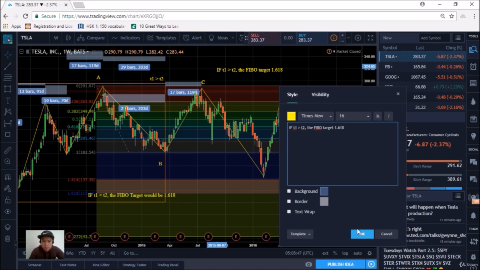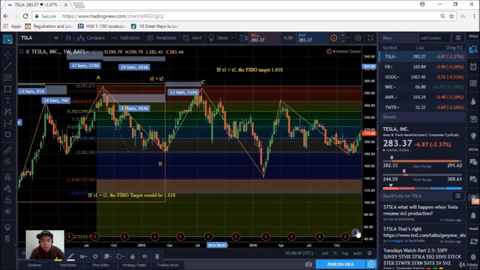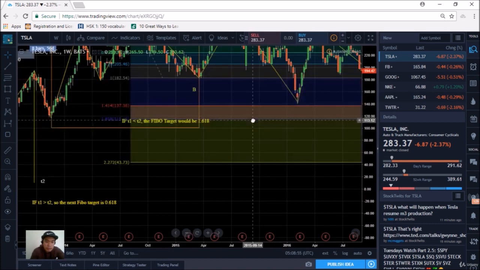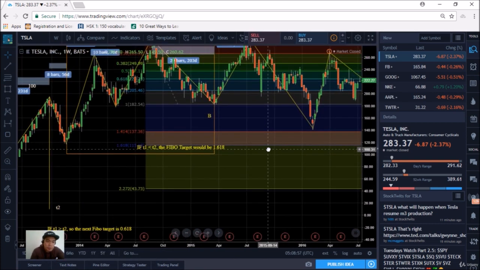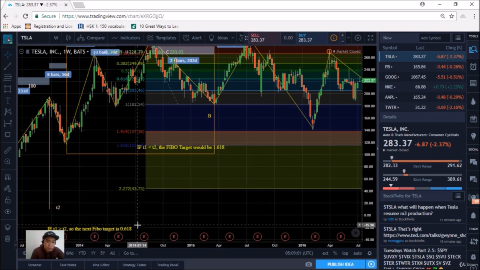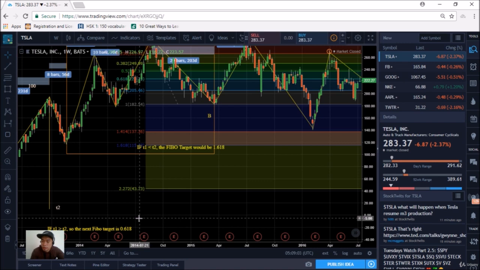So it's a mirroring of the upward market, where if T1 is more than T2, the Fibonacci target is 0.618.